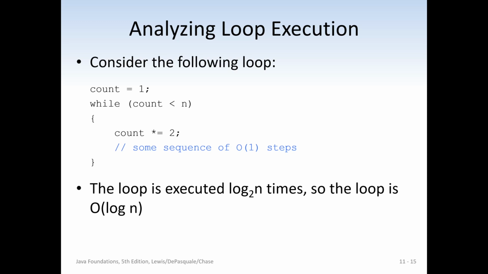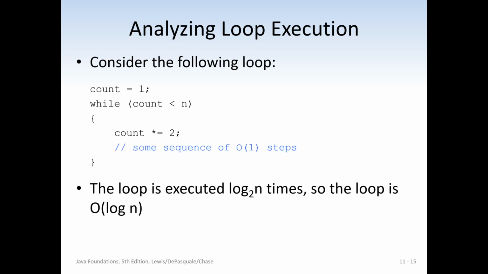So the count, which is the thing that's controlling it, is going to go up exponentially. So the number of times that count can be incremented like this is going to be log base 2 of n times. Because if you think about this, this is basically just 2 to the n, right? Because we're starting at 1, and 1 is 2 to the 0.